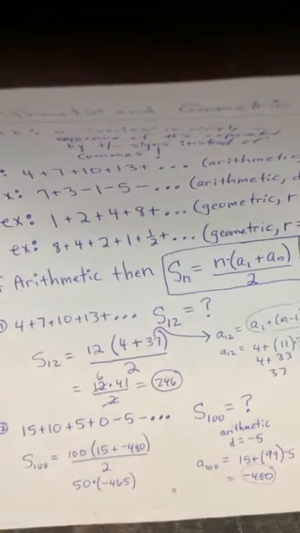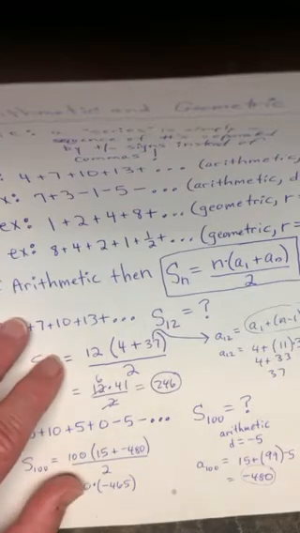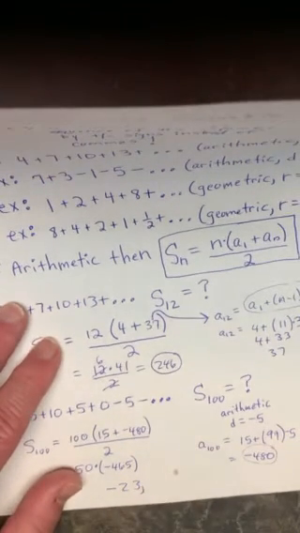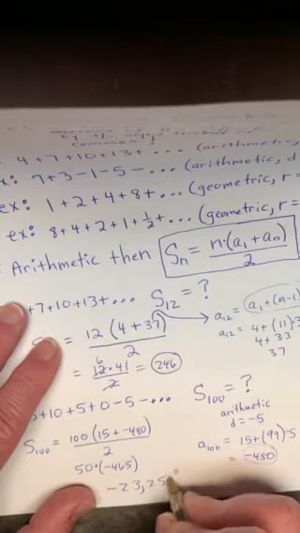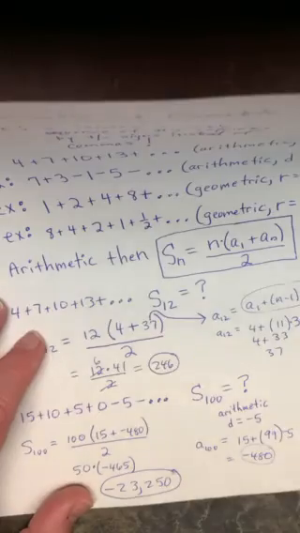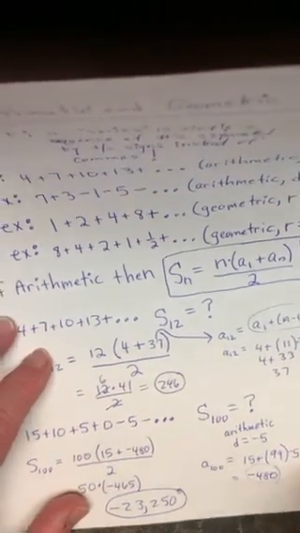So bottom line is, on my calculator, I'm going to push 50 times -465 and get -23,250. Wow, is what I would get if I added together the first 100 numbers. Okay? All right, stay with me.